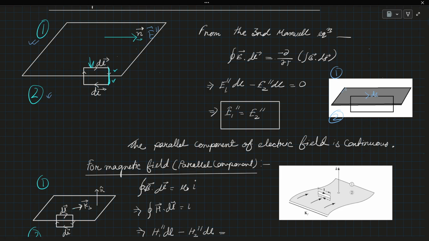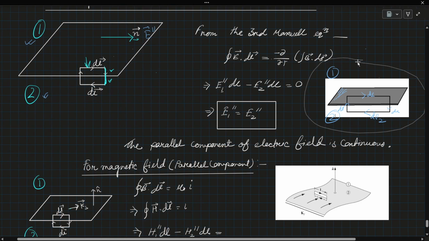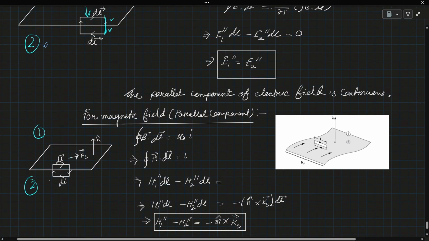This is the interface, and this is the Amperian loop, and this is dl2, and this is again some dl. Now this is a rectangular Amperian loop, and the upper half of this Amperian loop is in medium 1 and the lower half is in medium 2. Now from Maxwell's third equation, what we have got. I hope this is clear, so let me erase this. Okay, let me paste it here.